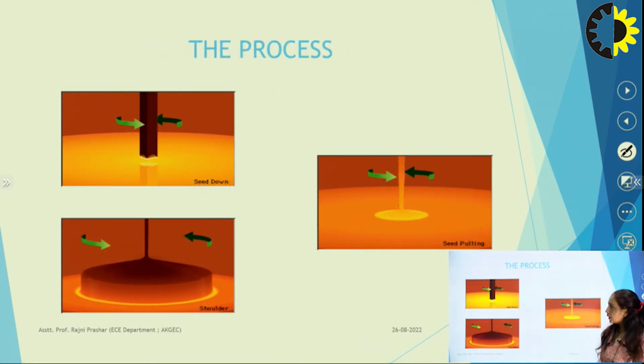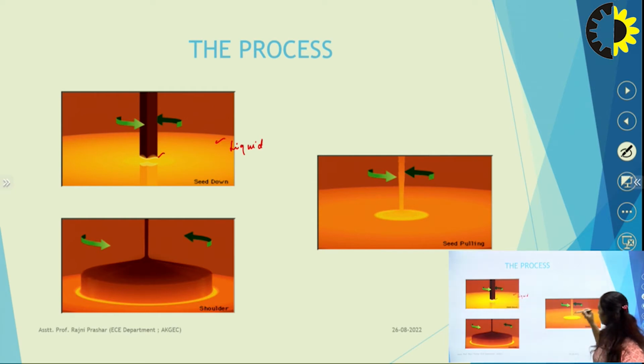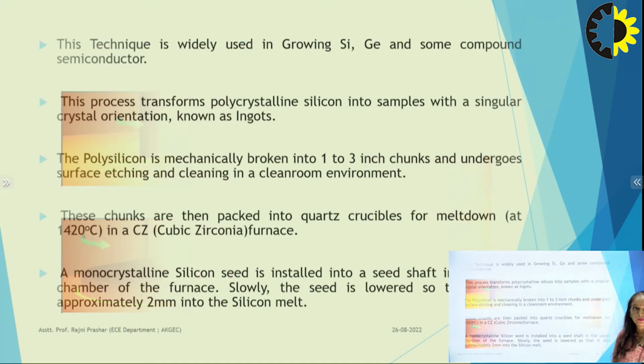In this diagram, we can see that this seed is pulled down in the liquid. This is the liquid, and here we have the seed, and that seed is pulled down in the liquid and simultaneously rotated back in the upward direction, and with the regular process, we have this silicon ingot as a resultant.